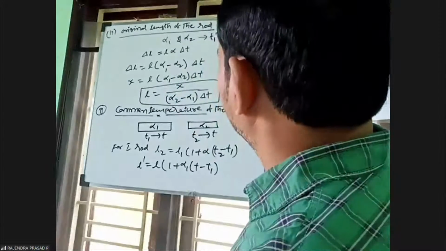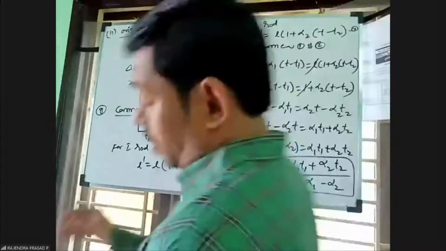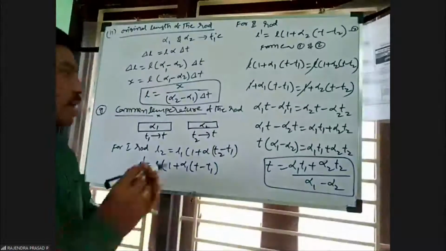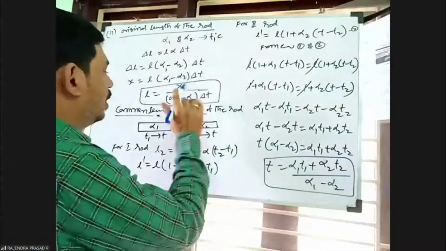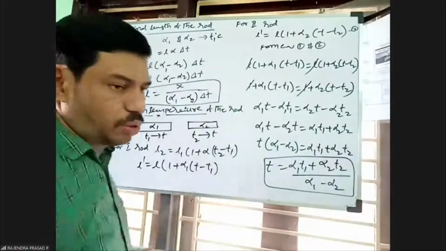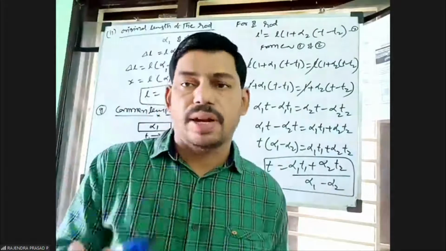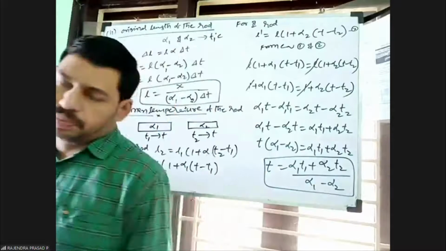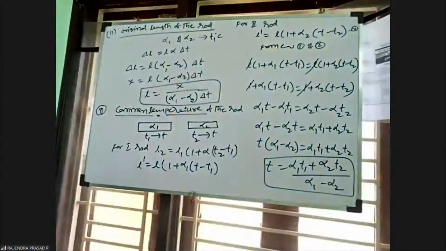It is greater minus lesser. For example, if alpha 2 is greater, alpha 2 minus alpha 1; if alpha 1 is greater, alpha 1 minus alpha 2. Without negative, positive value is considered.